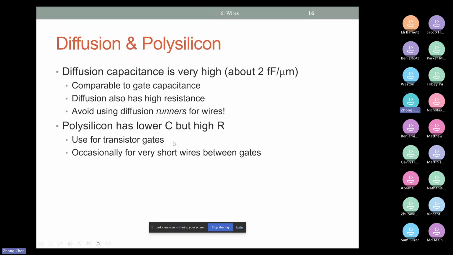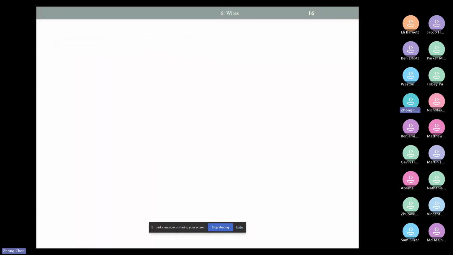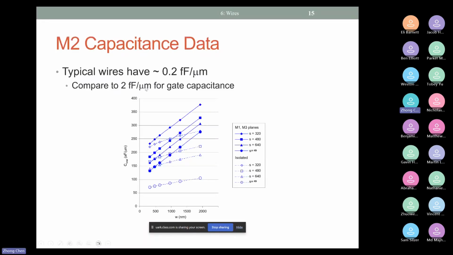Compared to that, the gate capacitance value is typically in the range of 2 femtofarad per micron. This value is true for technology in the range of 40 nanometer, 32 nanometer process. If you find the process design manuals, for that particular gate they will give you the gate capacitance value.